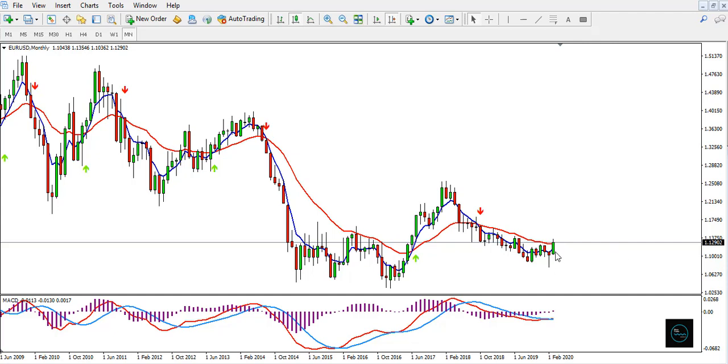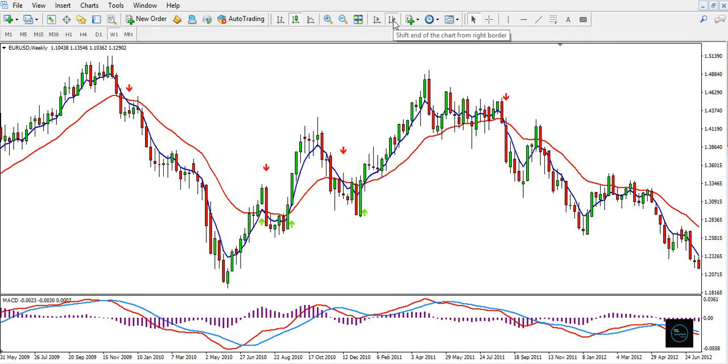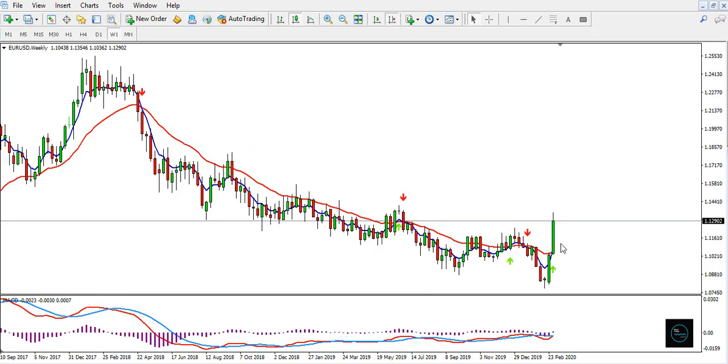Okay, I've been waiting for this move to continue the upward move for the longest time. So it seems as if we're about to get that. And you can see here what's going on with the euro. It is a mirror image of what's happening on the dollar index, only inverted.